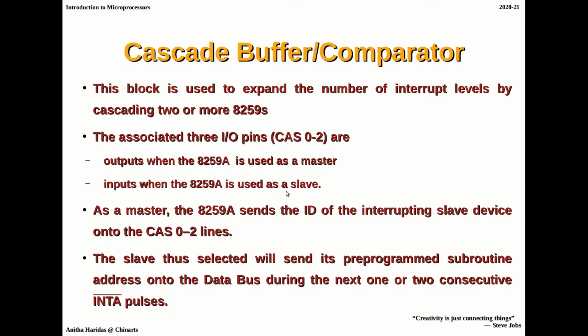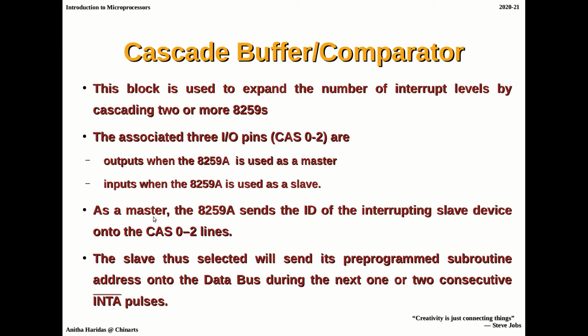So whenever we have more than one 8259 connected or cascaded, one 8259 will be working as a master and the other 8259A controllers will be working as slaves. If it is a master controller, these lines will act as outputs. If the 8259 is acting as a slave, these three lines will be used as inputs. That is the advantage here.